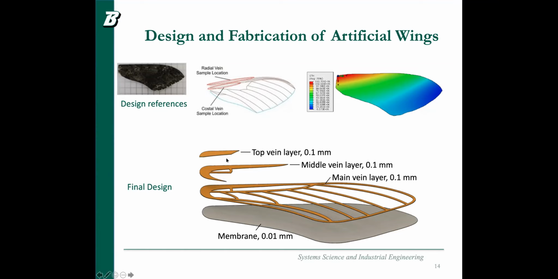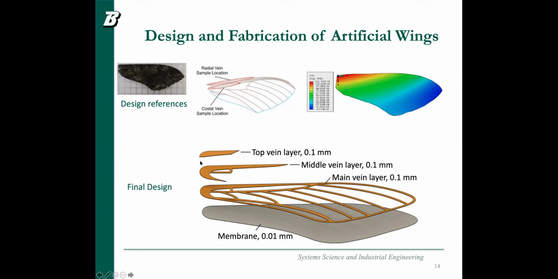As you can see, we follow a similar structure of the veins. And because the mass distribution is heavier here, we designed 3 layers: there is a base structure, and we add more weight toward the root.